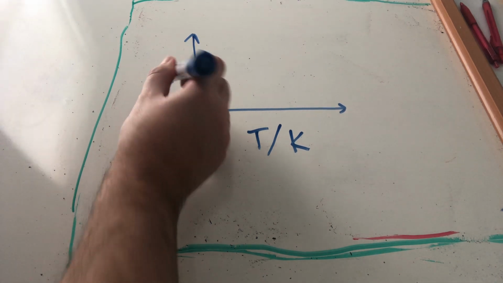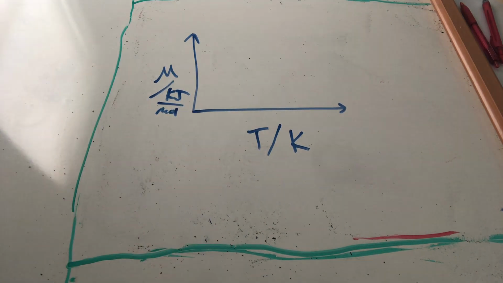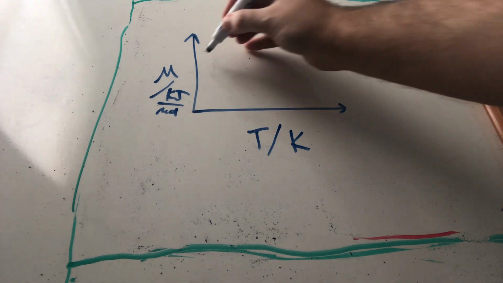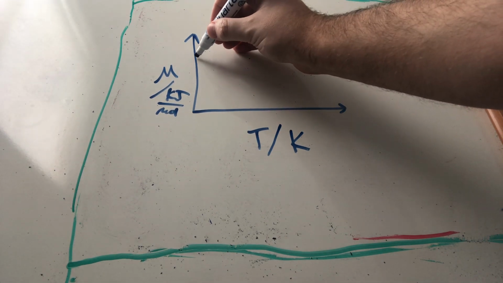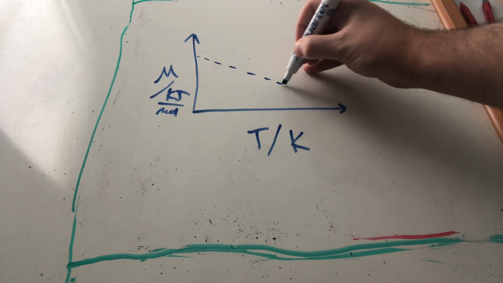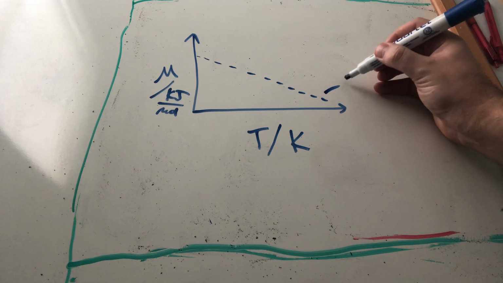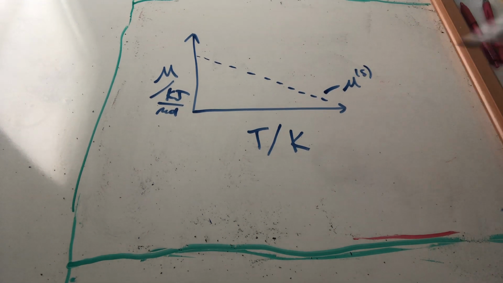Mu is a molar Gibbs energy, so it has units of kilojoules per mole. I'm going to start by drawing curves, and I'm going to draw mu for the solid first. I'm going to make this a dashed blue line. This is mu for my solid.